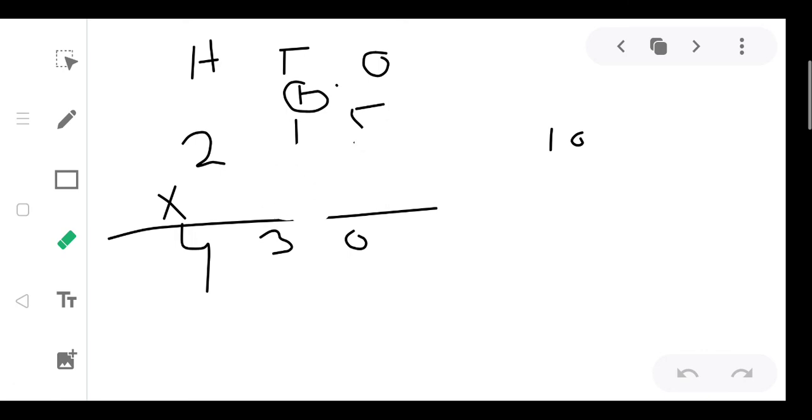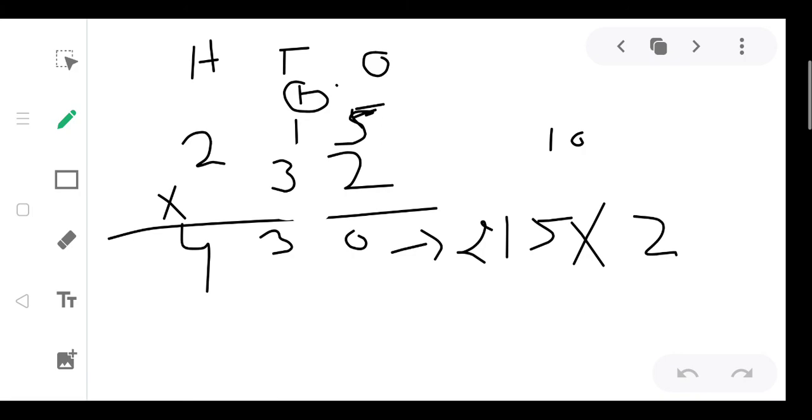I will write this again. Now here what we have done? We have multiplied 215 by 2, and now we will multiply it by 30.